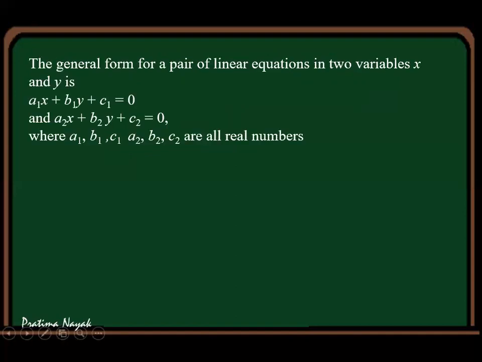So the general form of linear equations in two variables is a1x plus b1y plus c1 is 0, a2x plus b2y plus c2 is 0, where a1, b1, c1, a2, b2, c2 are all real numbers and a1 square plus b1 square is not equal to 0 and a2 square plus b2 square is also not equal to 0. For this condition, sometimes it has no meaning because sum of squares can never be 0.